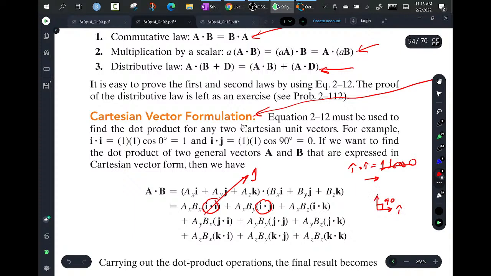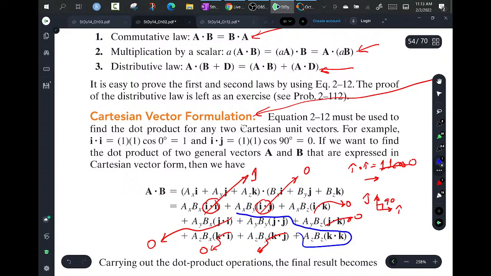Here's your I and here's your J. The magnitudes are both 1, but now the angle is 90 degrees, so this is 0. Turns out if you dot any of those, they're all 0. Let's see if I can collect them all. The only ones that are not 0 are the matching pairs, this little swipe right here.